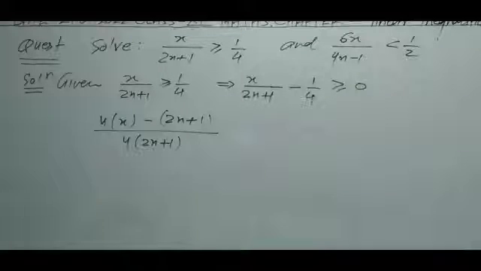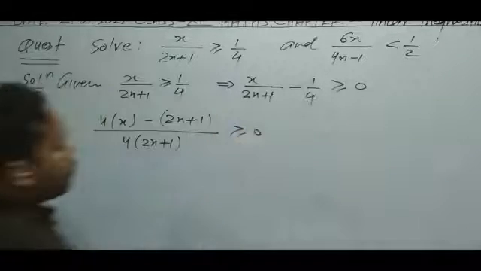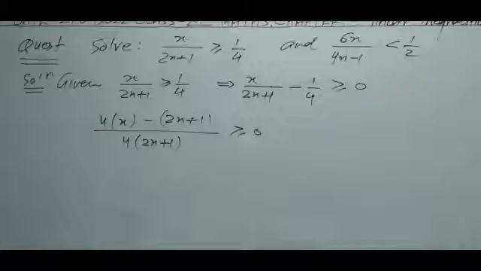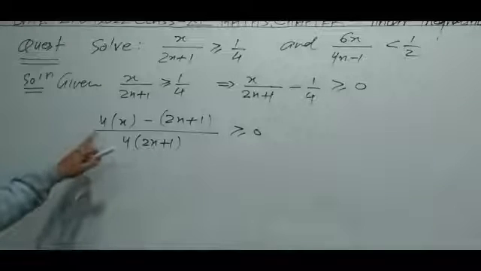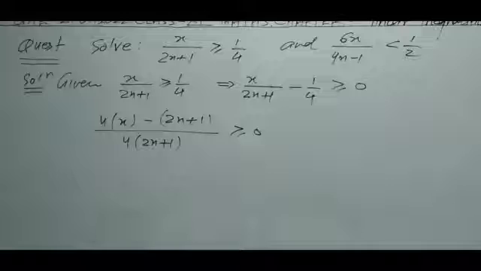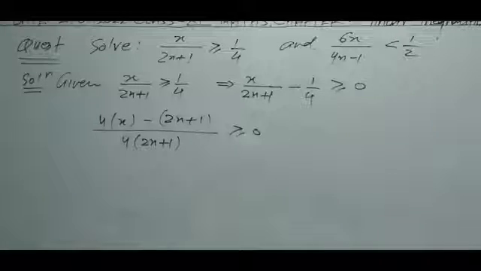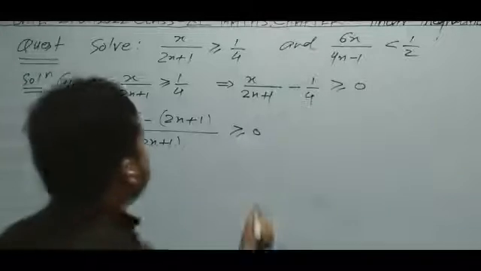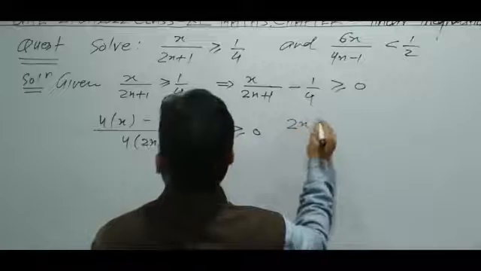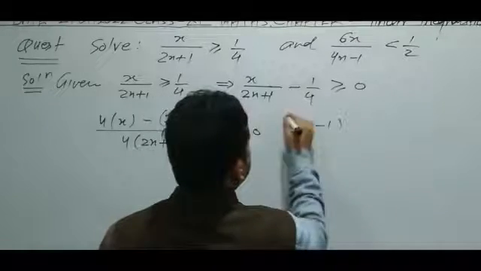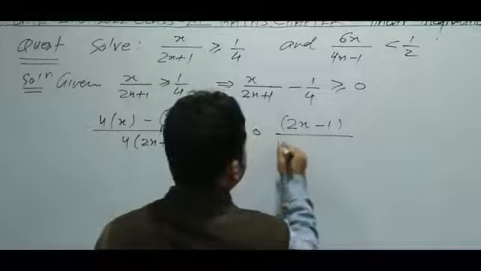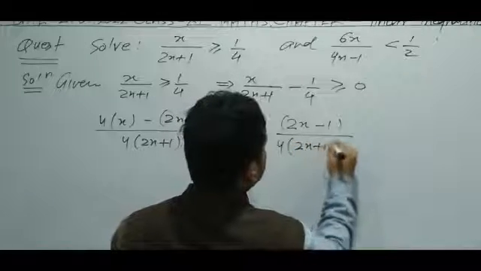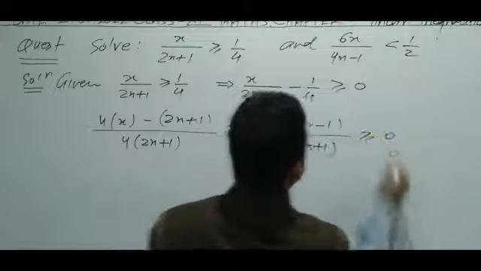Now this will be greater than or equal to 0. Now when you solve, you get 4x minus 2x, which is 2x, so 2x minus 1, 2x minus 1 whole upon 4 times 2x plus 1 is greater than or equal to 0.